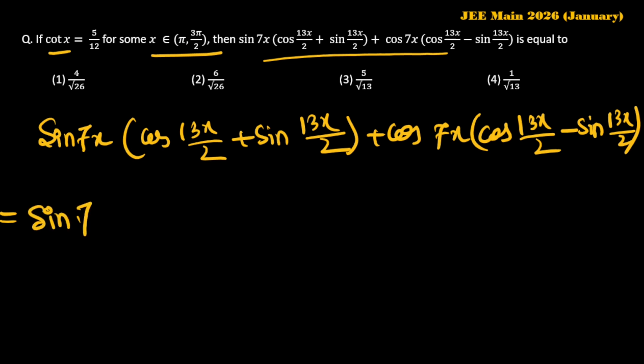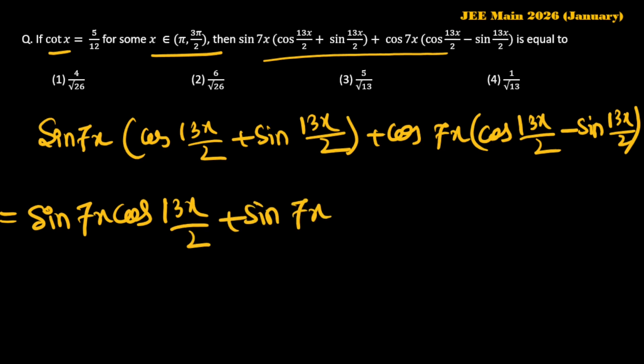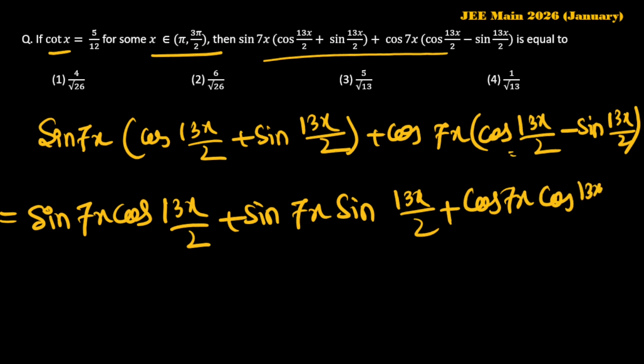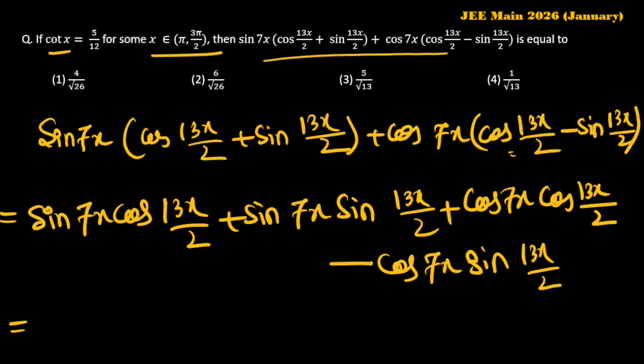Sin 7x cos 13x/2, sin 7x sin 13x/2, plus cos 7x multiplied by cos 13x/2, minus cos 7x sin 13x/2. Now we rearrange the terms.